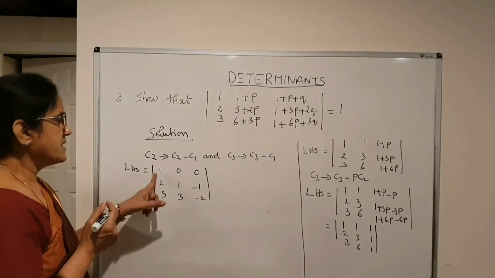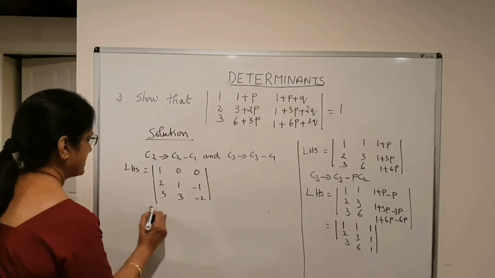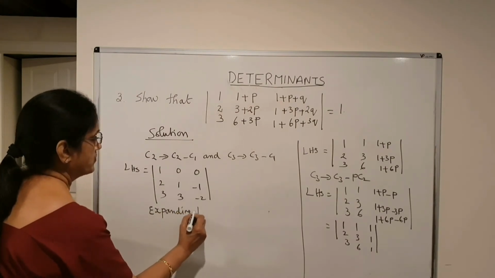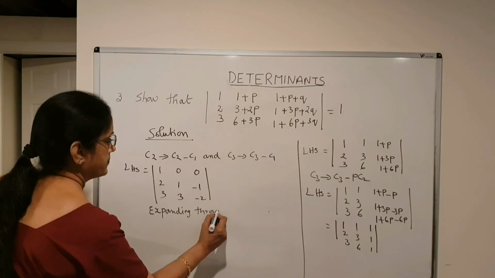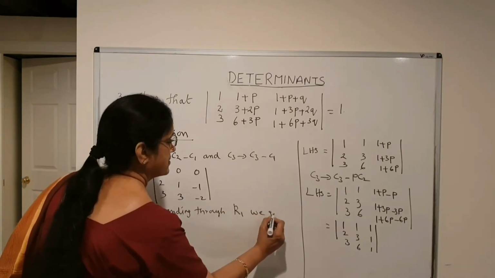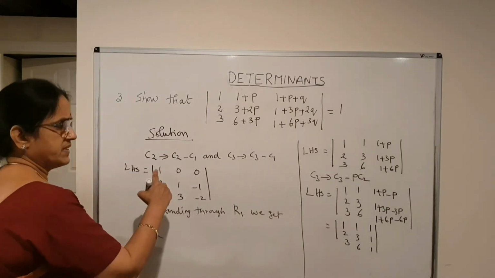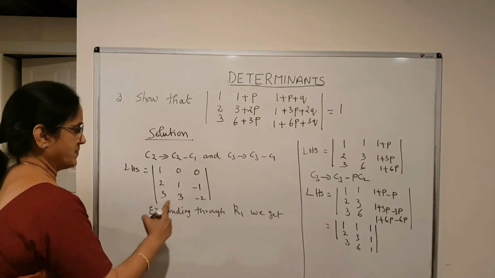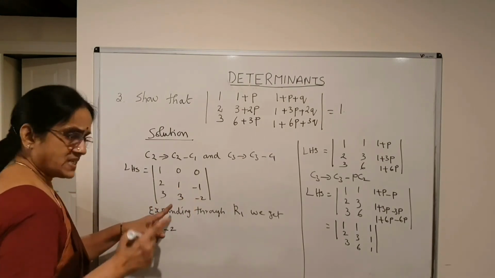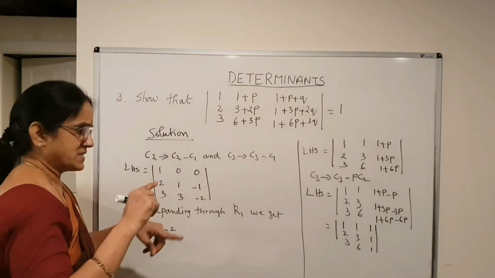Now I can easily expand this using first row. So expanding through R1, we get, this is nothing but 1 into, so leaving the first row and the first column, 1 into minus 2 is minus 2, then minus of 3 into minus 1, that will become plus 3.